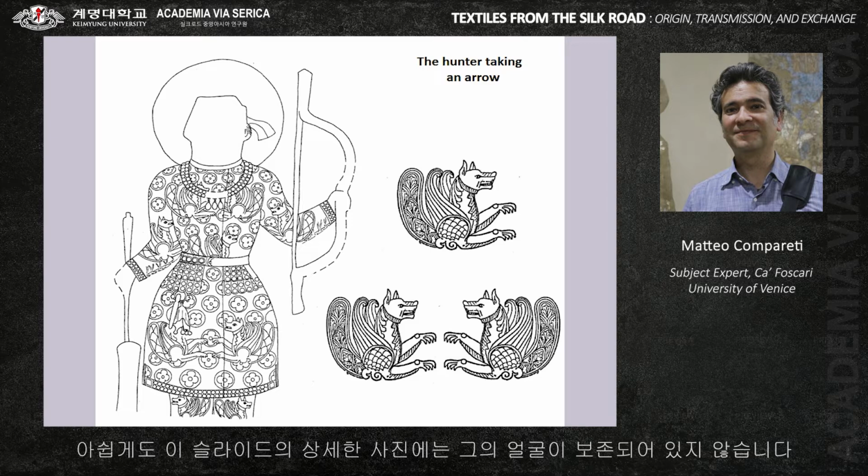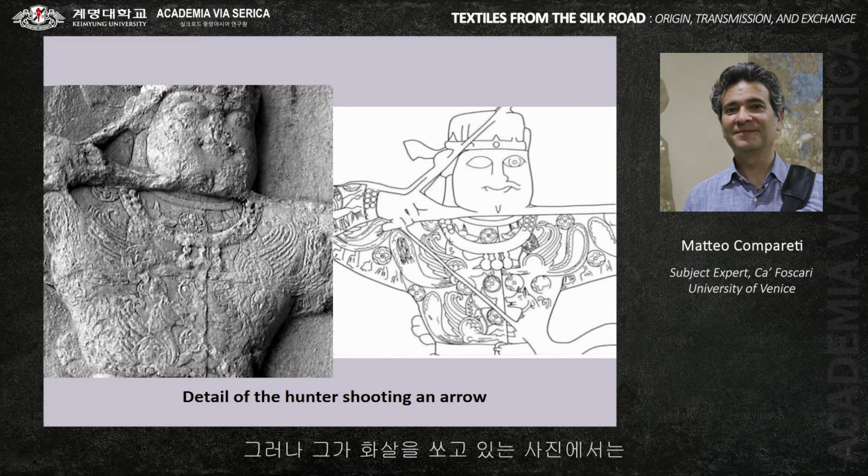Unfortunately, in this specific image, in this slide, his face was not preserved. But in the image where he is shooting the arrow, we can see that he's not wearing the typical Sasanian crown. He's wearing a flat hat, which is much more comfortable for hunting. But in Sasanian art, for example, Sasanian silver dishes, we have always this crown.